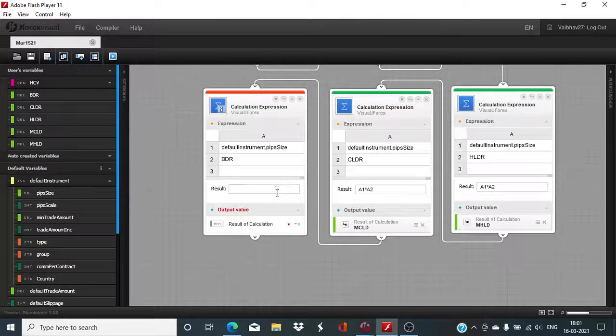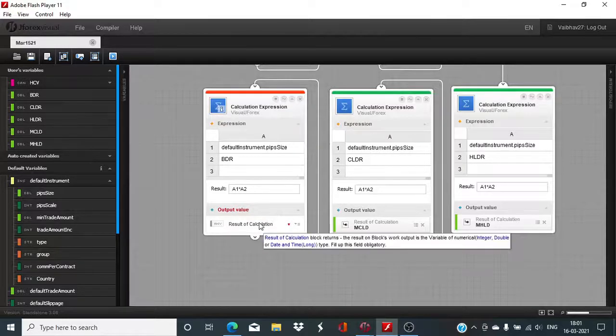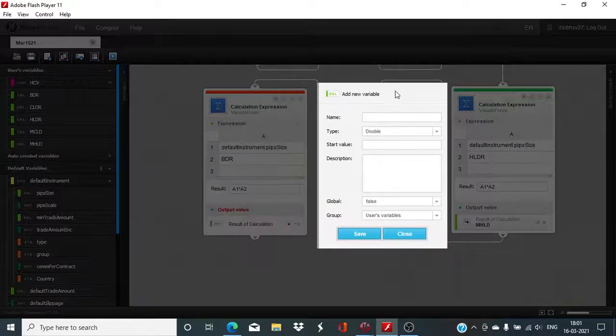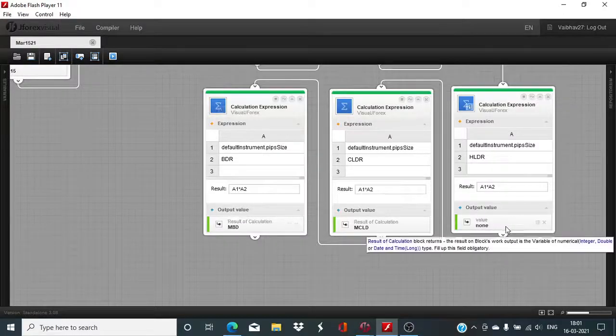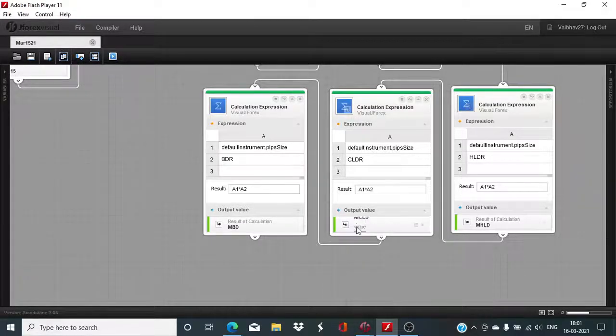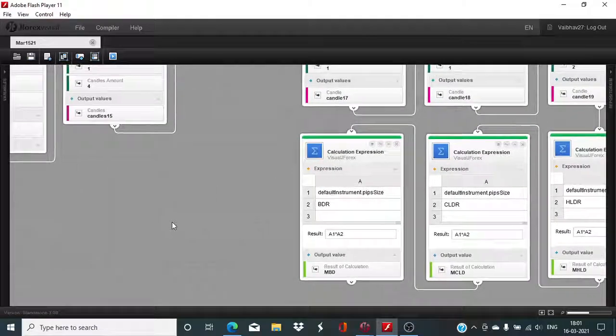So here a1 into a2. Okay. So we have created these three values, 20 pips, 15 pips, and 7 pips respectively.